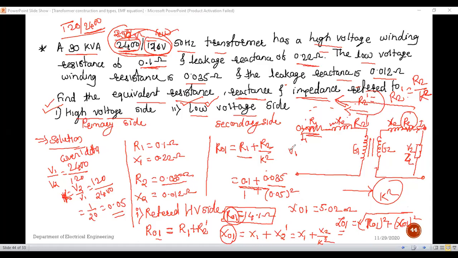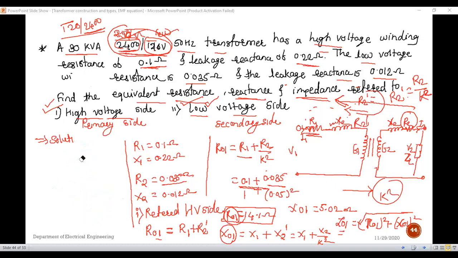What is the value? 14.96, right? 14.96, or it is nearly 15. We can write it as 15 ohm.